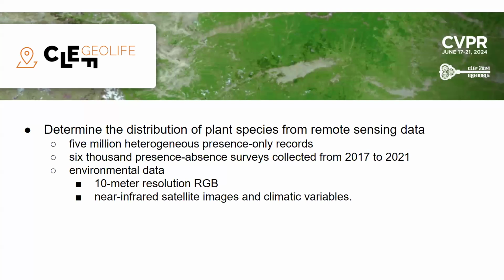One was BirdClay, one was GeoLifeClay, and then there are a couple of the other LifeClay ones that I was heavily involved with, but I wrote a lot less code. GeoLifeClay is a competition that's figuring out, given satellite imagery, where different plant species are going to be located. You can figure out based on imagery and other raster data like elevation, temperature, what types of plants are going to exist.